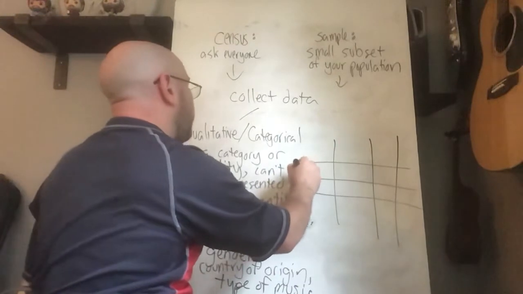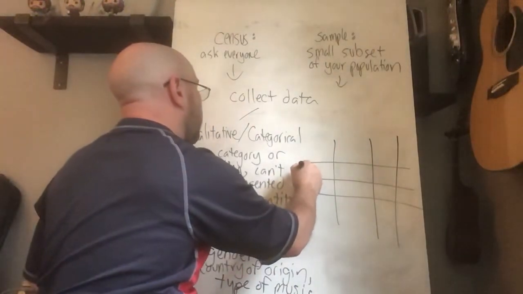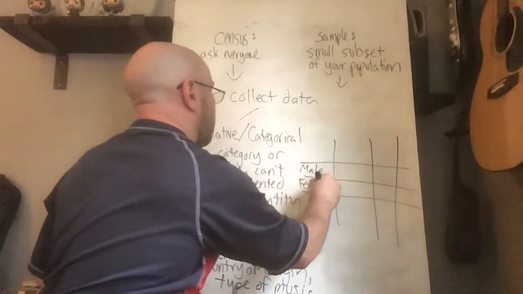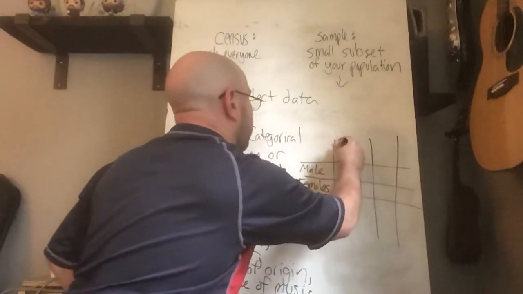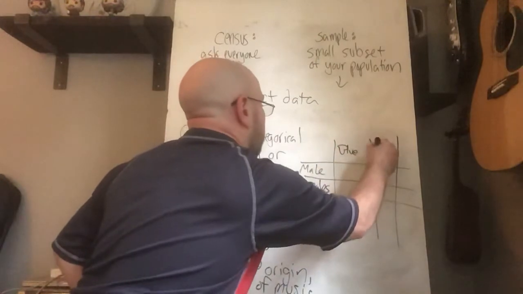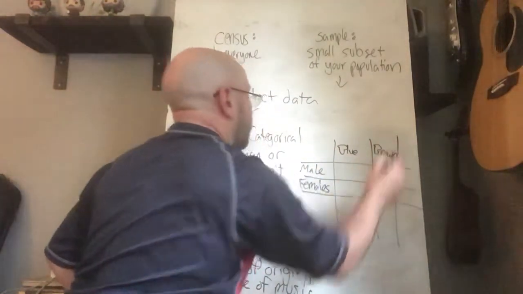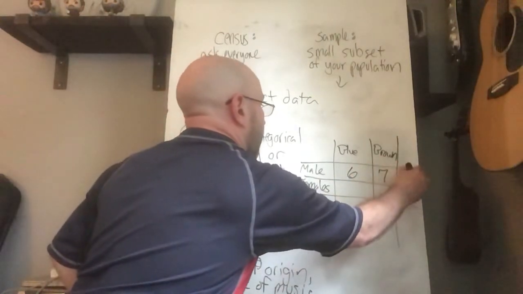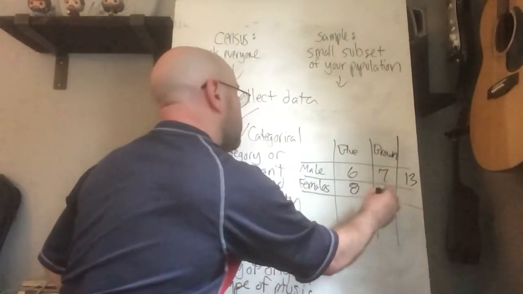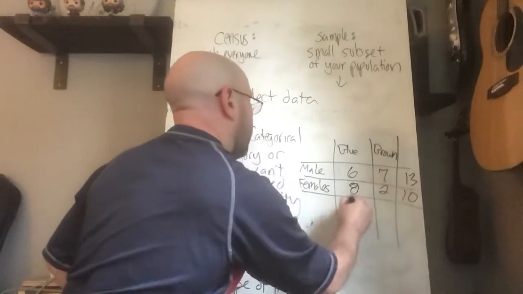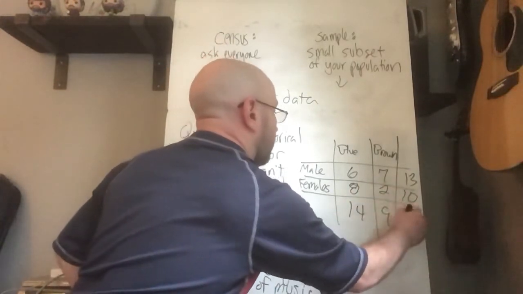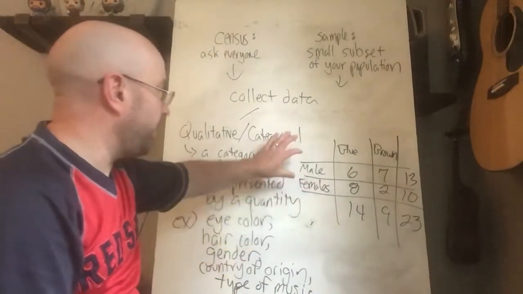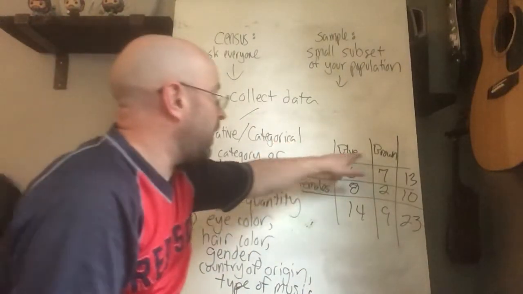You might have here, let's say, males, females, and then here we'll have blue, brown, and maybe over here you'd have your totals. This would be a two-way table, and you can see we have the different categories represented. We have males and females here, and then we have eye color here.